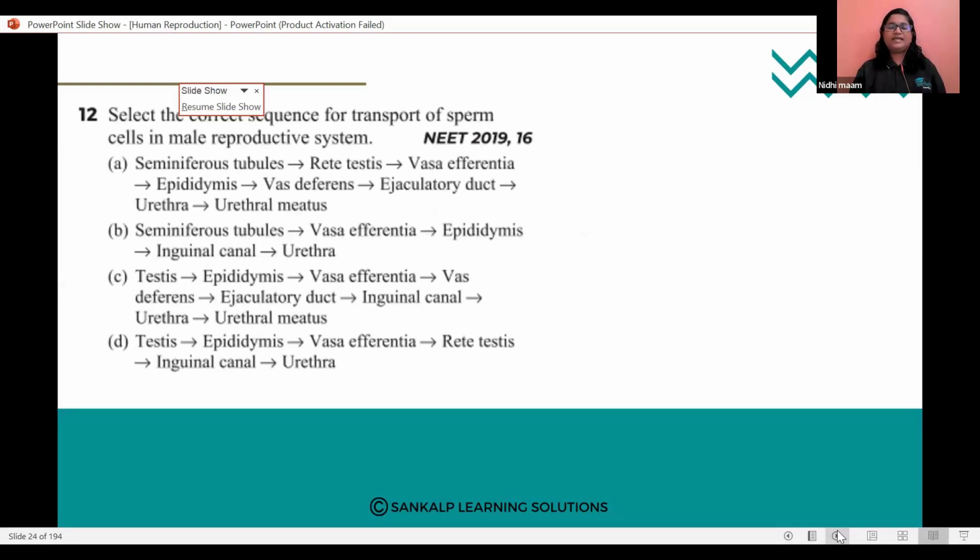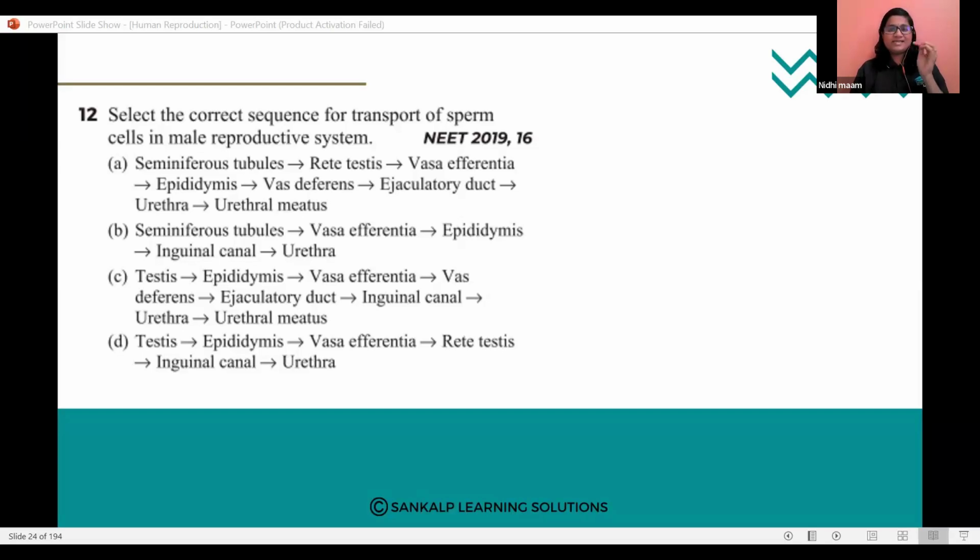Read the question properly. Select the correct sequence for transport of sperm in the male reproductive system. Just now I showed you the diagram. You can answer it quickly. A is seminiferous tubules to rete testis to vasa efferentia, epididymis, vasa deferens, ejaculatory duct, urethra, urethral meatus.